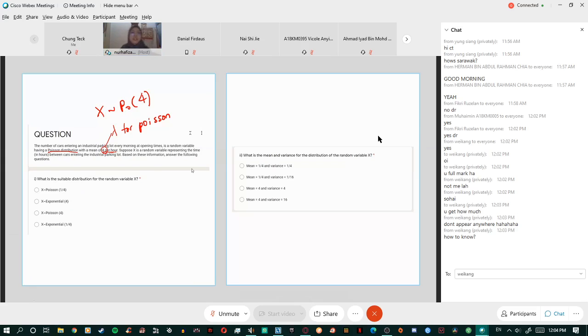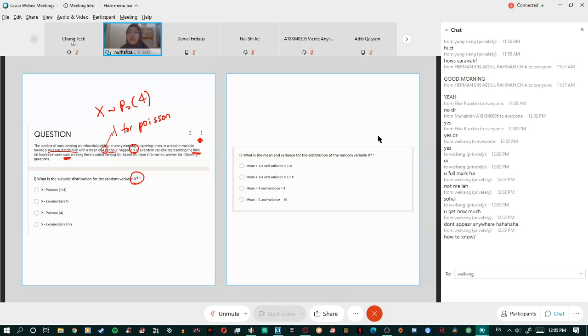Then, suppose X is a random variable representing the time in hours. If you see here, we have the X. Question 1 asks what is the suitable distribution for the random variable X. So they want to ask you what is the distribution for this X. If we read here, X is a random variable representing the time in hours between cars.